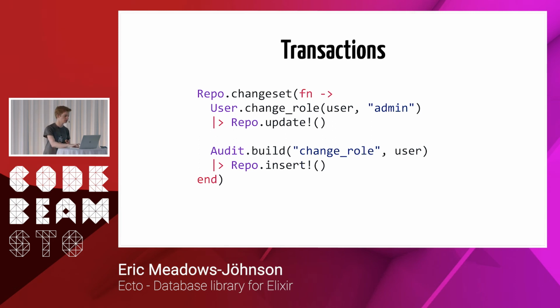There should be repo transaction at the top, not repo changeset. So this is a transaction where we want to do multiple things. We want to change the role of a user, and we have sort of an audit log as well, where we want to log that this change happened.